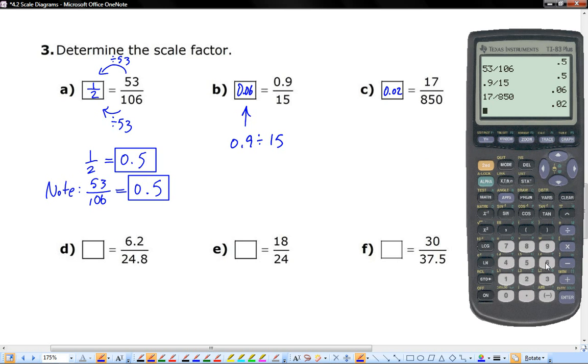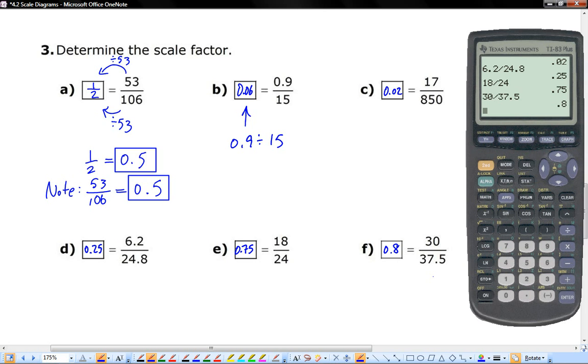The next one is 6.2 divided by 24.8, and that is 0.25, that's a quarter. Next one is 18 divided by 24, so that scale factor is 0.75. And the last one is 30 divided by 37.5, and this gives us 0.8.